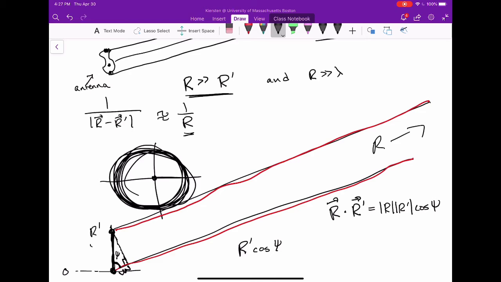So we can write r prime cosine psi as r prime times r dot r prime divided by the magnitudes of r and r prime. These r primes cancel out, and you get r prime dot r hat.